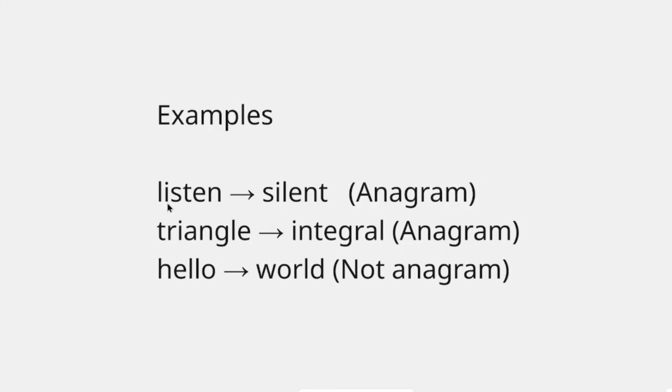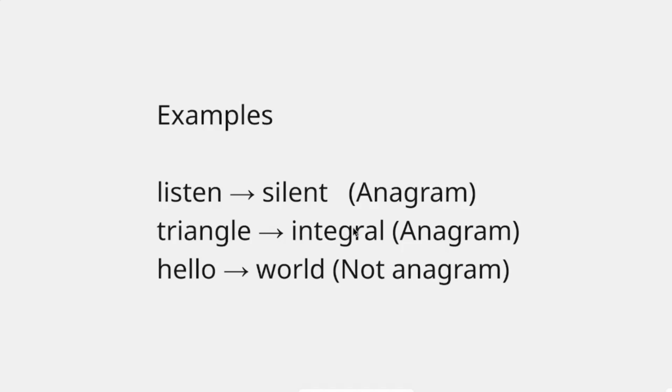And I, S, T, E, N: all letters appear one time in the first string and in the second string also all letters appear only one time. There is no extra letter in the second string. So that's why it's an anagram.